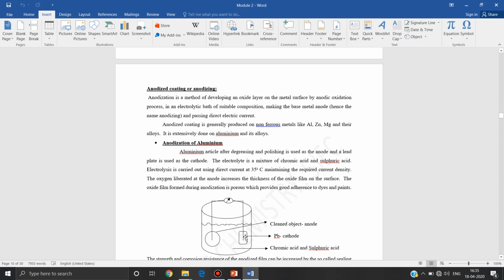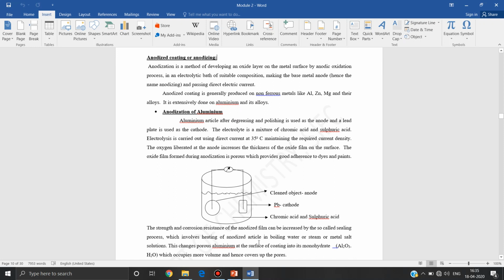So what happens during electrolysis? At the anode, oxidation takes place. So aluminium oxide will be formed over the aluminium surface. This aluminium oxide is called alumina, and it contains some pores. If any material surface contains some pores, that increases the rate of corrosion.